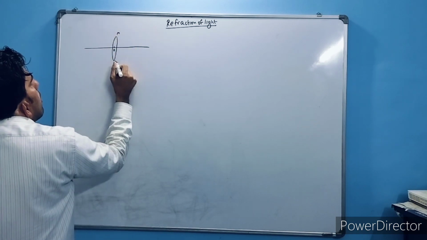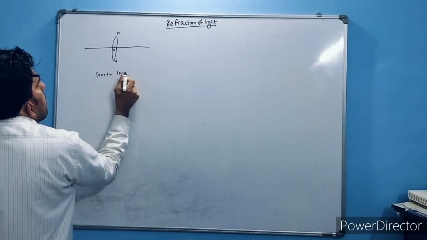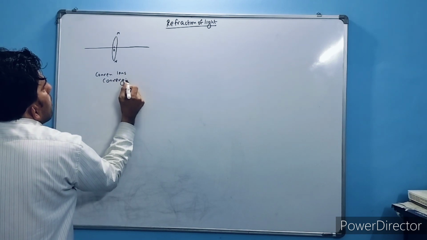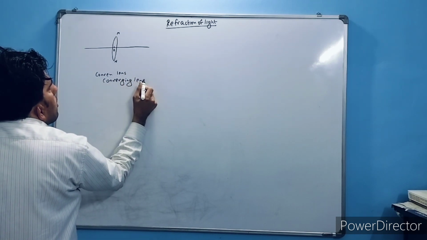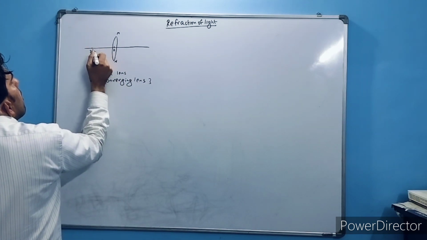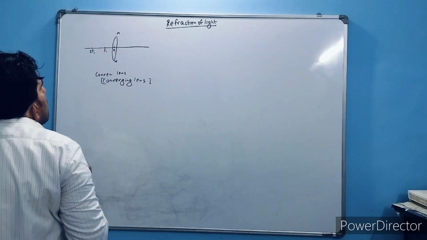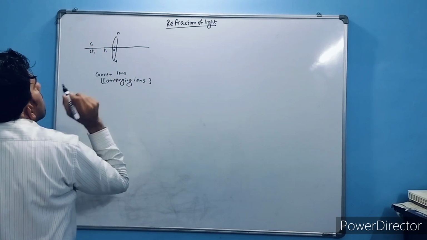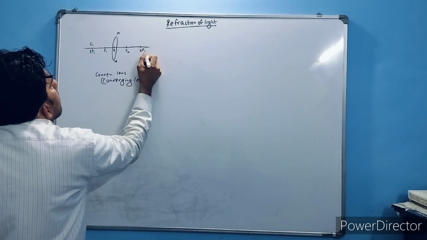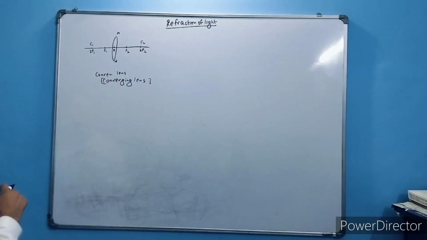This is the convex lens, that is the converging lens. Here we have the focus, F1, and twice F2, that is C2, the center of curvature. We have two centers of curvature here.